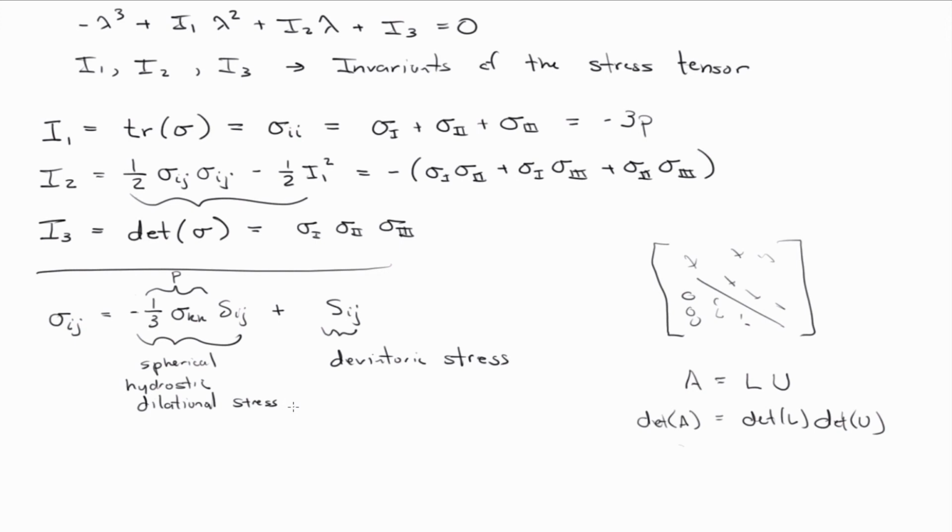Now this pressure is not, later we're going to learn about poroelasticity and it's going to be a fluid pressure. This is not that pressure. This is the hydrostatic pressure due to mechanical deformations. Okay, and this Sij is the deviatoric stress. That's a measure of the shear strain in the material. The reason this decomposition is useful is particularly when it comes to plasticity modeling.